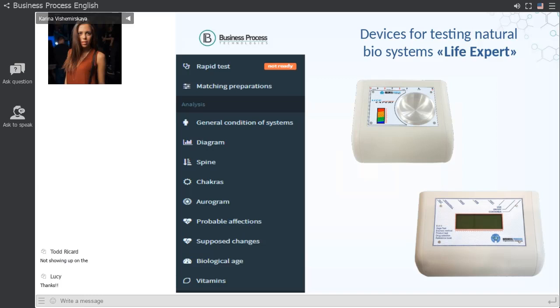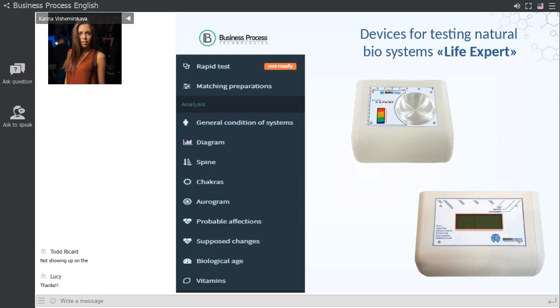Then the probable affections allows us to see the toxins of various parasites and their probability in our body, and supposed changes in the body. It's very easy, you will see it in the presentation. Everything that can be possible in our body, the processes that are probably present in our body due to the test results.